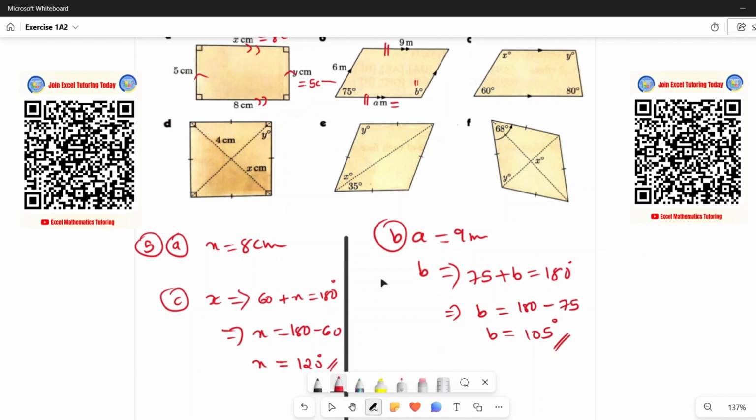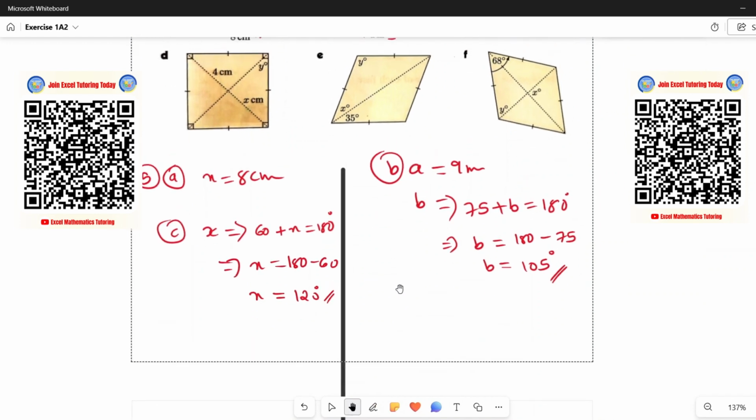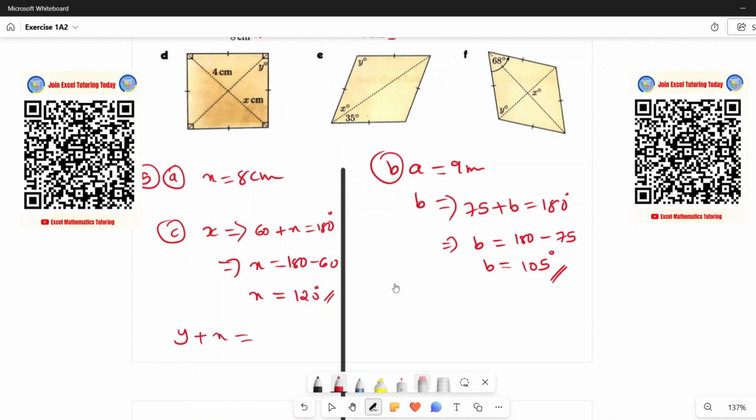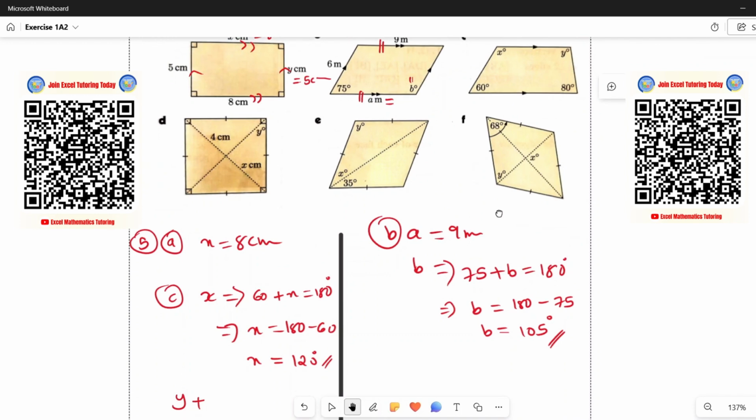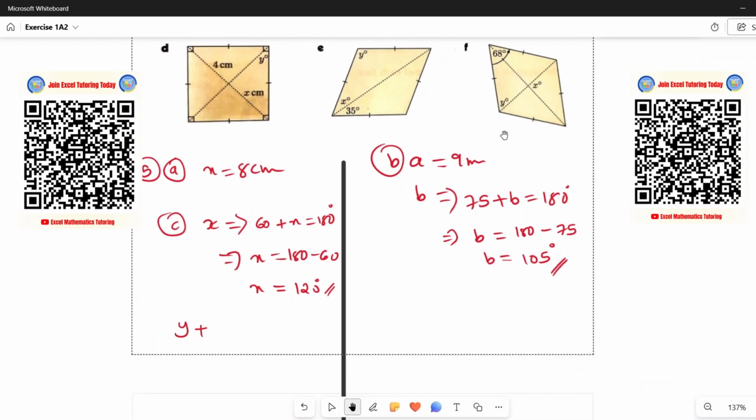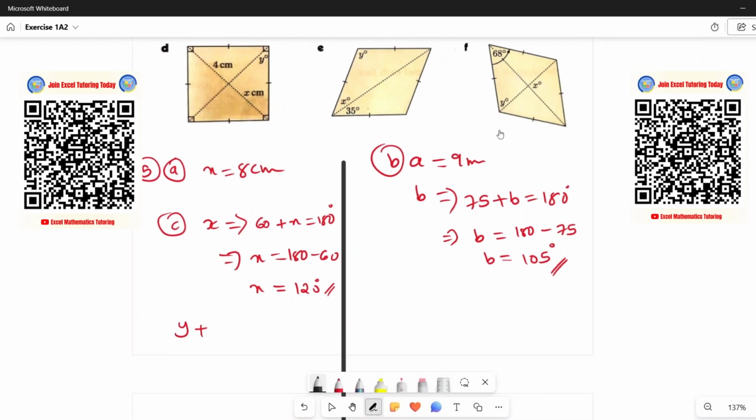Now the value of y, again using the same thing. Here they have given 80 degree, y plus 80 equal to 180 degree.